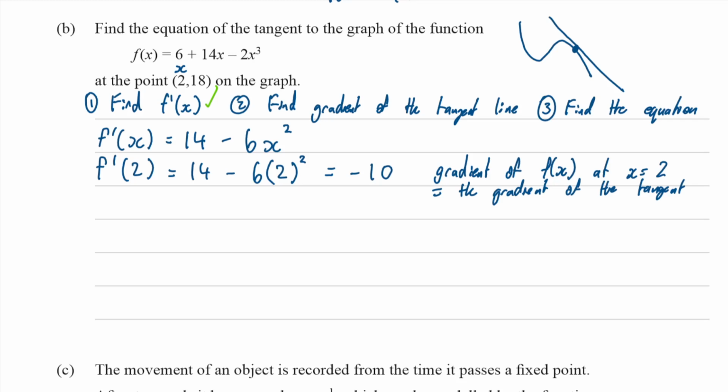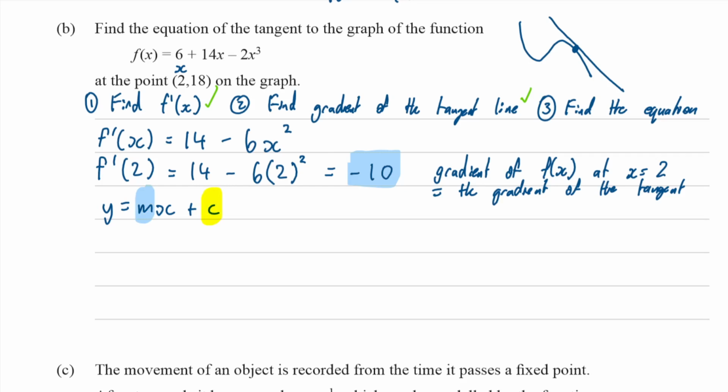Alrighty. So we found the gradient of the tangent line. Last step is to find the equation. So tangent line, we know the general form of the equation of a straight line, y equals mx plus c. We just worked out the gradient of the tangent line, and now what's left is to find c.